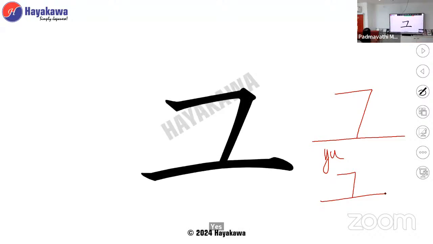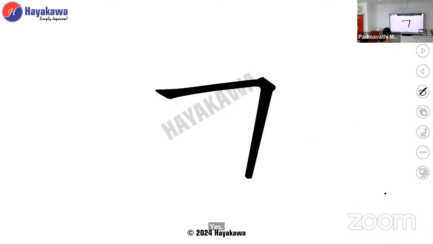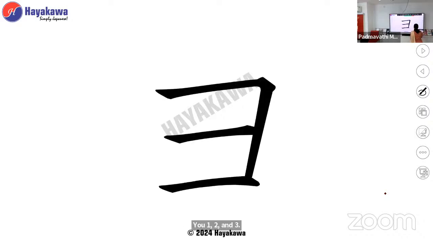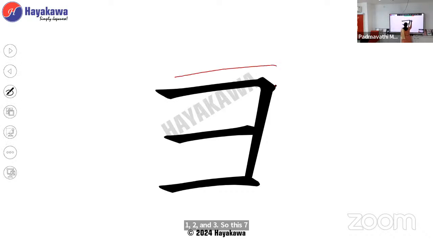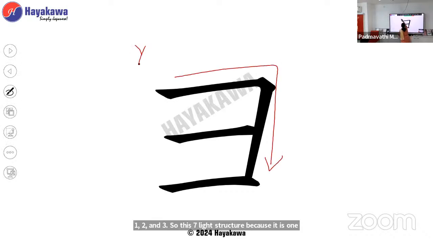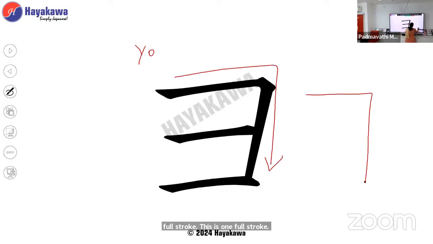And yo. 1, 2, and 3. So this 7-like structure, because it is one full stroke. This is one full stroke. And this is yo. So 1, 2, and 3. Ya, you, yo.